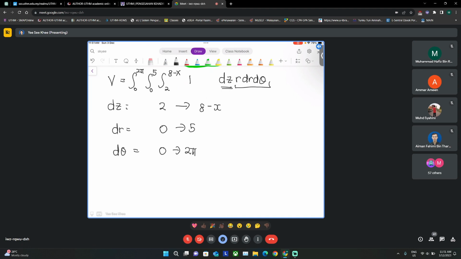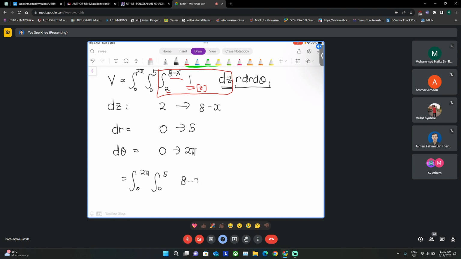Now what you have to do is to solve it. Like I explained before, the middle is 1, so you will have a z inside and then you replace with the values. I will be straightforward.